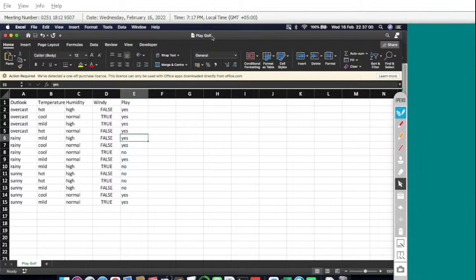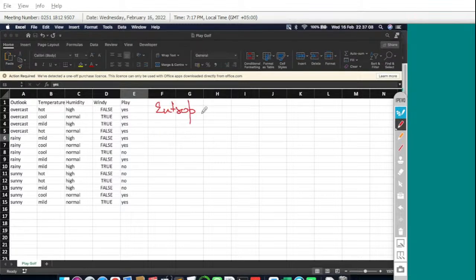Okay. So we calculate the degree of randomness as entropy. And the formula to calculate the entropy is minus P log P minus Q log Q, right?